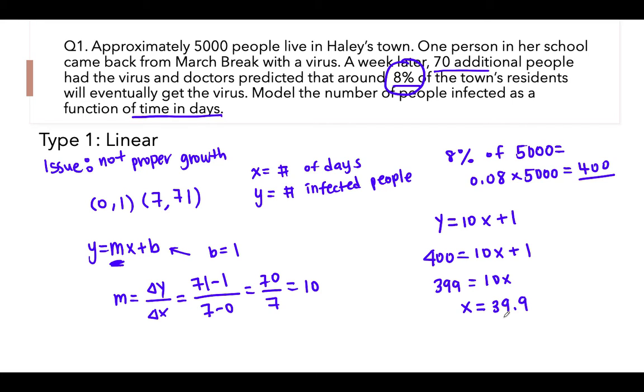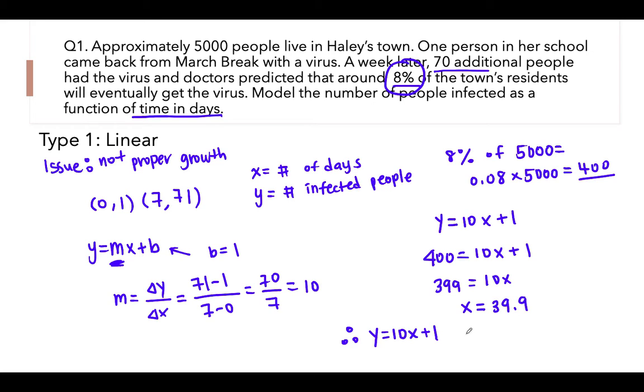Okay, so the general equation is y is equal to 10x plus 1, but for the domain, there is a time limit, 39.9 days.